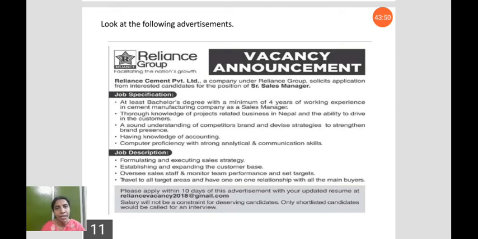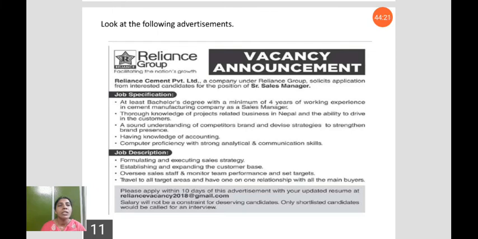Then he is asking for 4 years of experience in a cement manufacturing company as a sales manager. So when you are writing the experience, you need to look at whether you have worked in a cement manufacturing industry. If you have, write it.